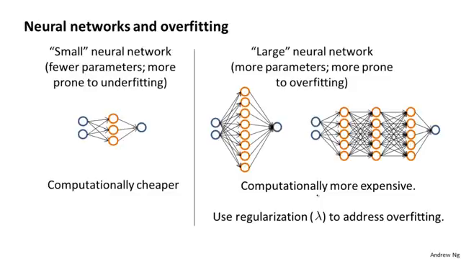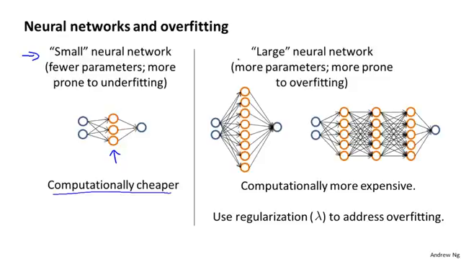So if you're fitting a neural network, one option would be to fit a relatively small neural network with, say, relatively few, maybe only one hidden layer, and maybe only a relatively few number of hidden units. So a network like this might have relatively few parameters and be more prone to underfitting. The main advantage of these small neural networks is that they're computationally cheaper.